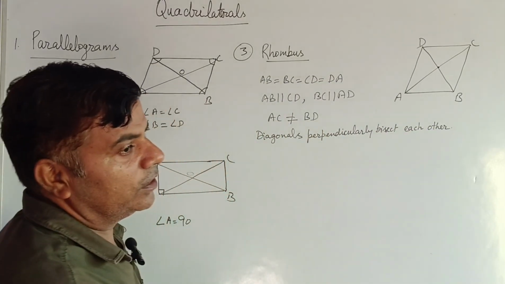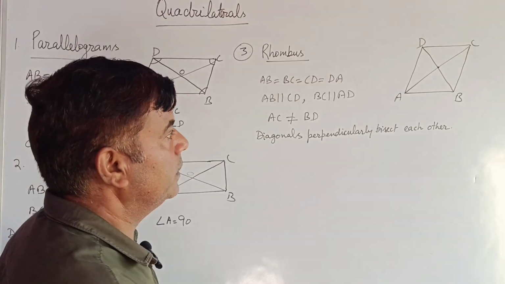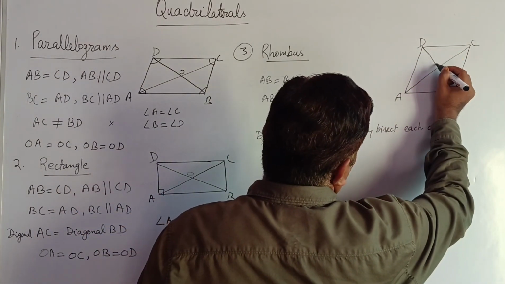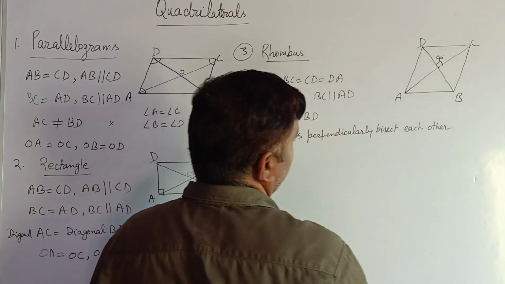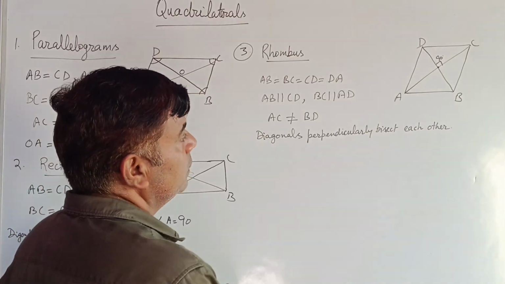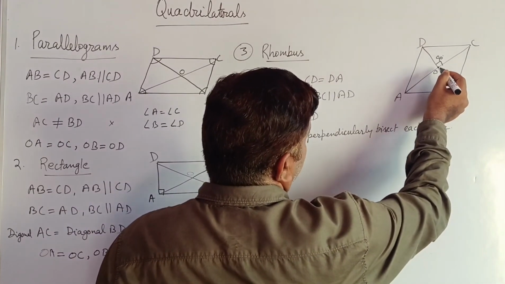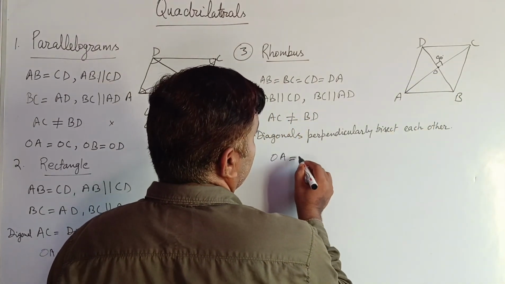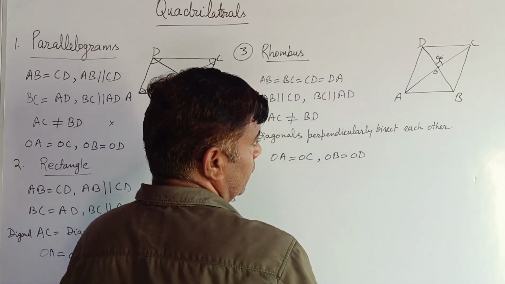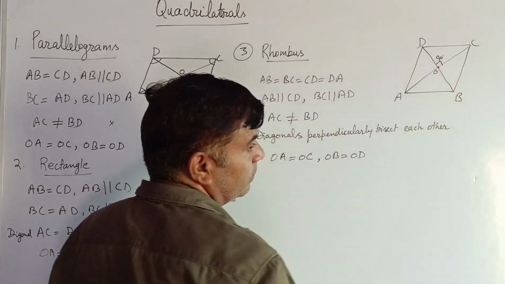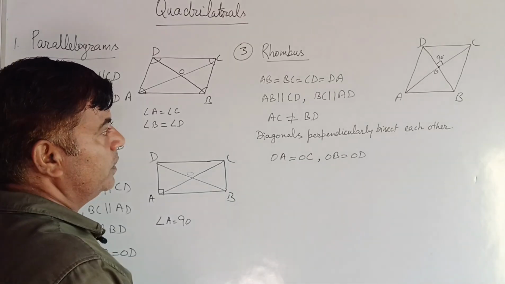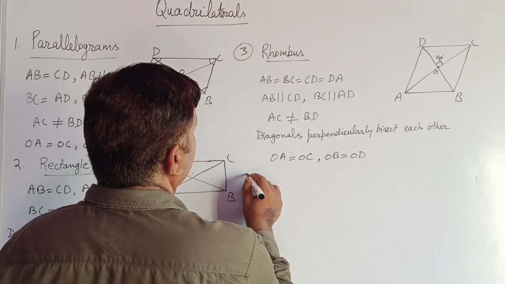This is the main point to be kept in mind: AC and BD will bisect each other at 90 degrees. It means they make an angle of 90 degrees with each other, and they also bisect each other. If the intersection point is O, then OA is equal to OC and OB is equal to OD, and all the angles at the intersection will be 90 degrees. So these are the properties of a rhombus. Now we are proceeding towards the square.